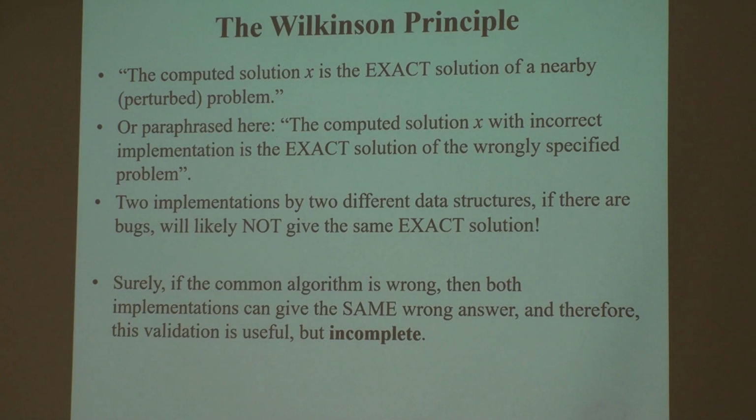So if you check a computable answer, instead of symbolic, using two data structures to compute the same thing, and the numbers appear to be the same, then the probability that both are correct is very high. Not for sure. If you have the same algorithm error in both implementations, then this is not right. So the validation is useful, but we know it's incomplete.